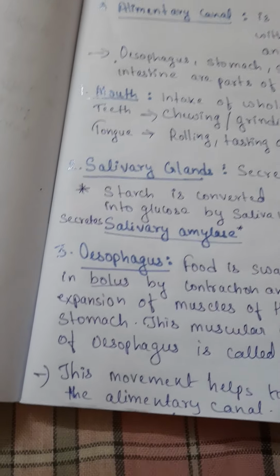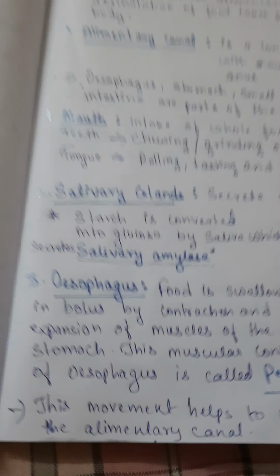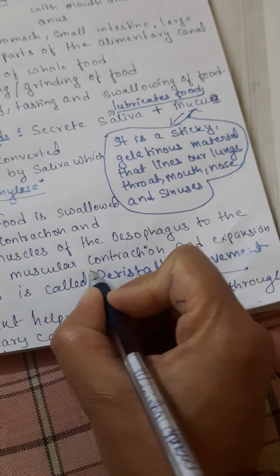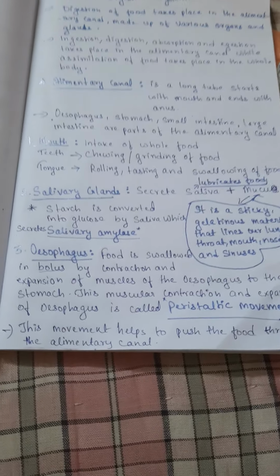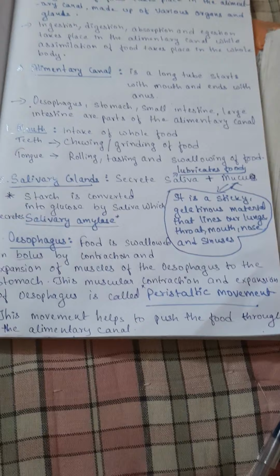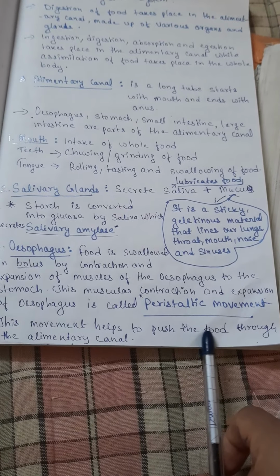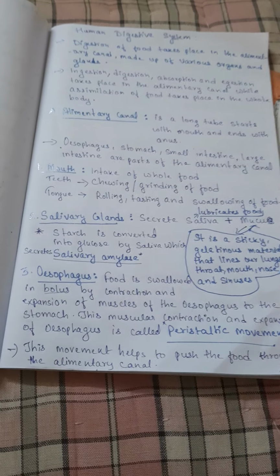The muscular contraction and expansion of the esophagus is called peristaltic movement. Now this one is important. Why is this peristaltic movement important? Because this movement helps to push the food through the alimentary canal.